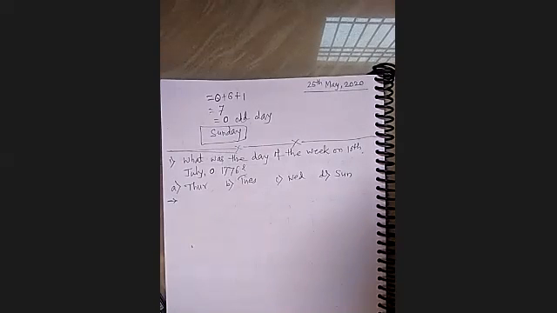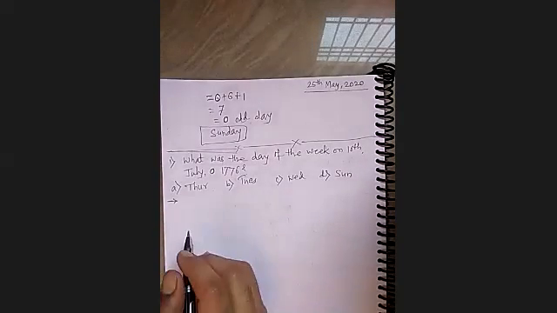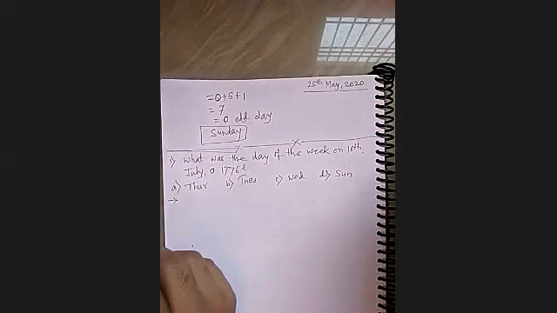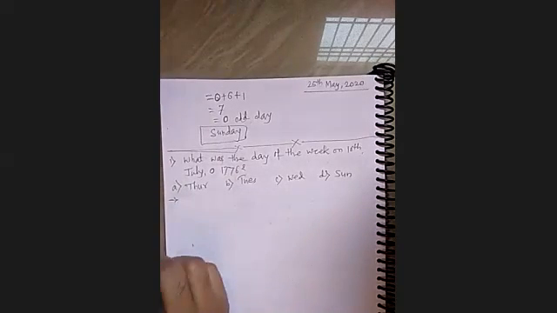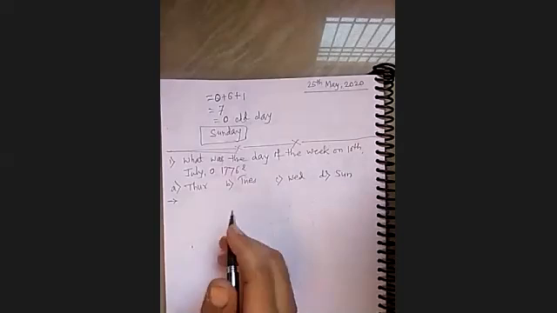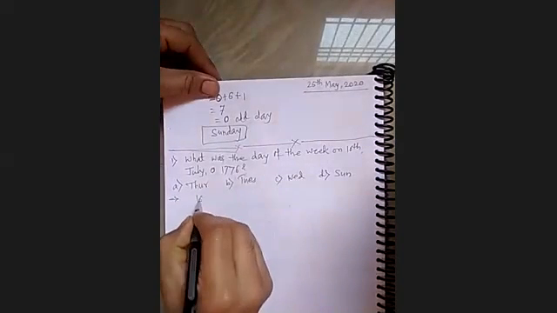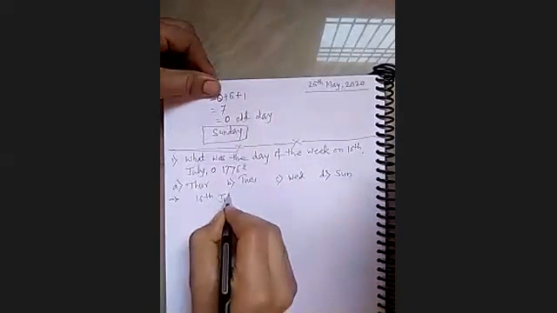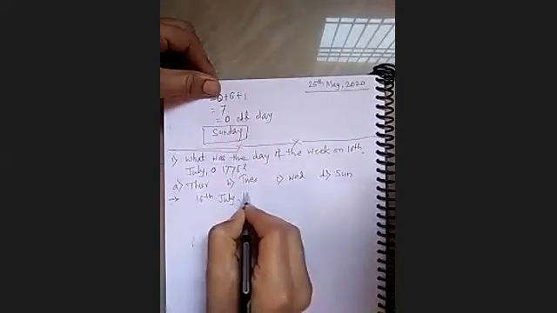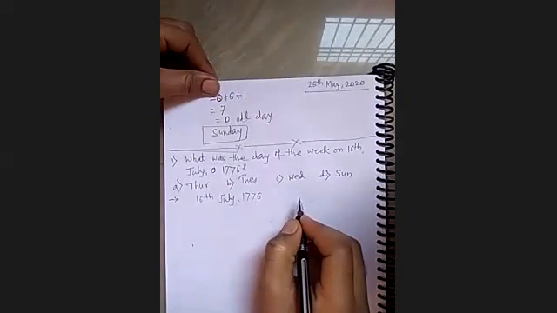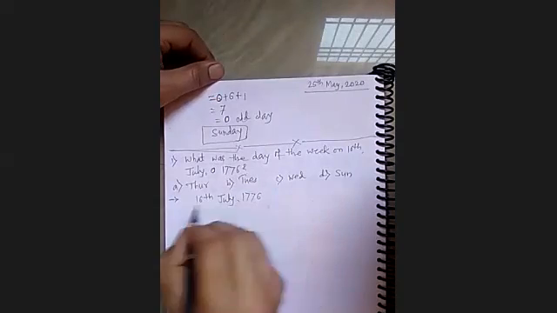Okay, so let's go through the logic of how you can obtain it. So what was the day of the week on 16th July 1776? Here, if you consider, this is the date, right? So how can you write this?